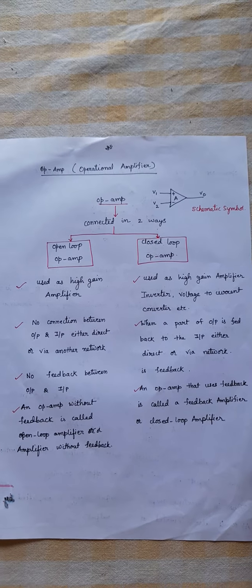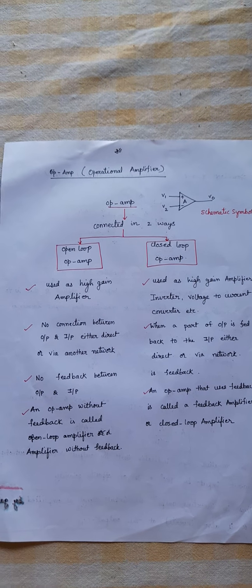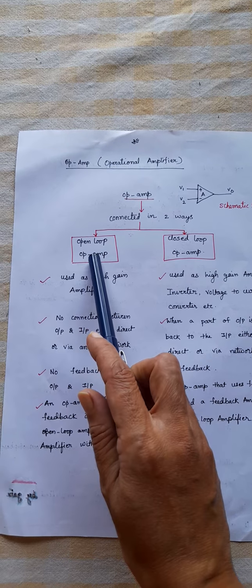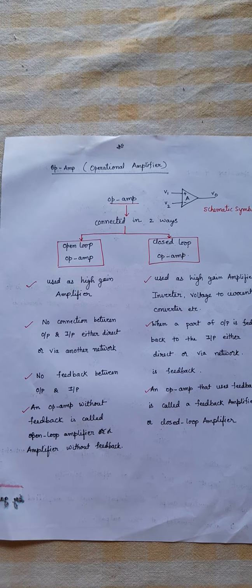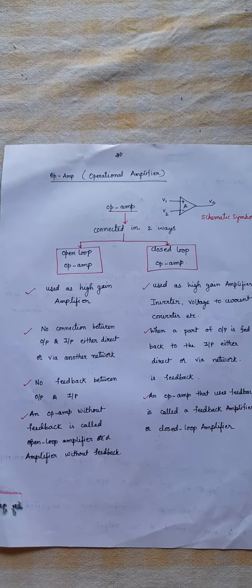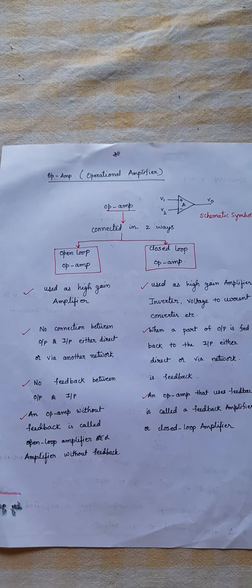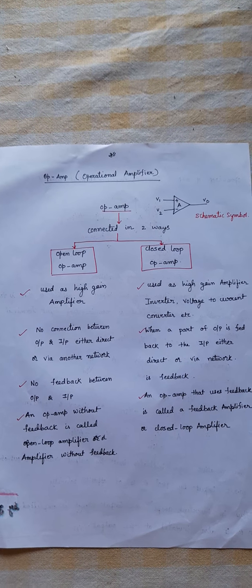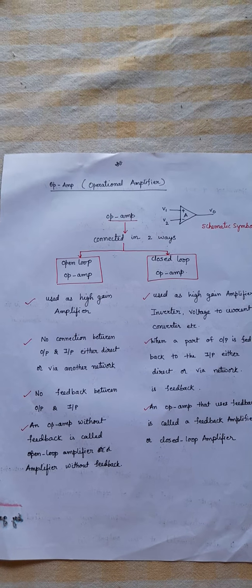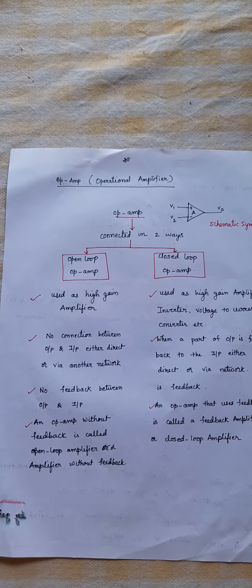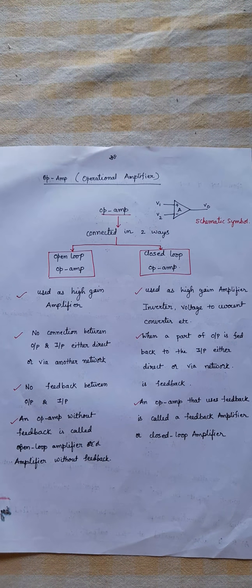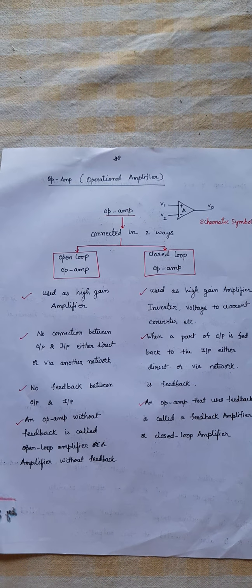So this op-amp can be connected in two ways. It can be connected in an open loop configuration or in closed loop configuration. So we say it as an open loop op-amp or closed loop op-amp. So when do we need an open loop op-amp? We need an open loop op-amp when it is used as a high gain amplifier. So what do you mean by an open loop op-amp?